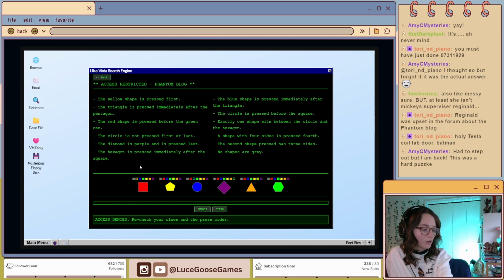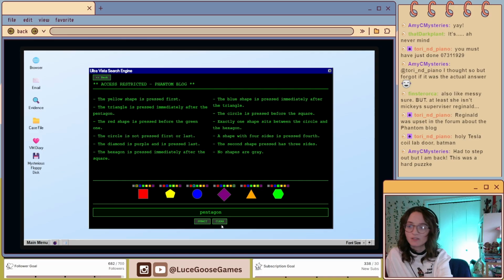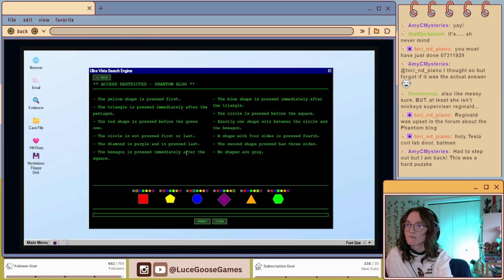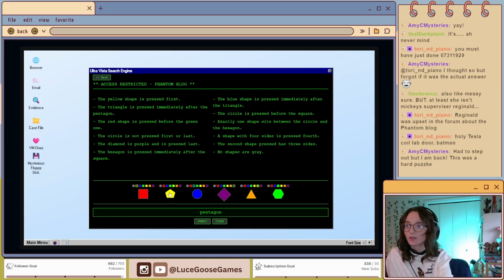What do I have wrong? That is the pentagon. The yellow shape is pressed first. Orange triangle, blue circle, red square.